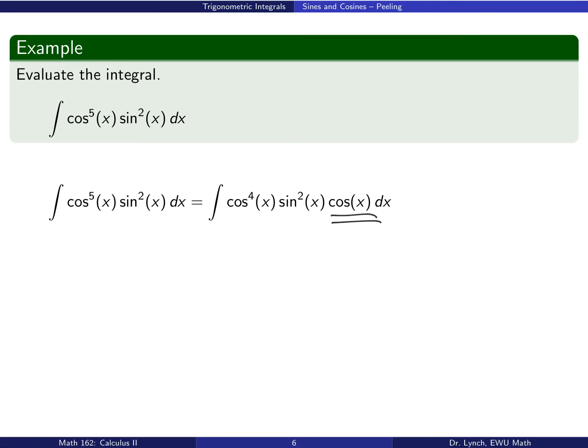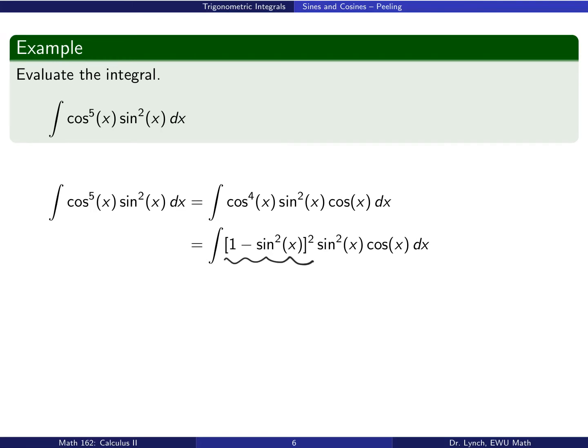That suggests changing this cosine to the 4th into sines using the mother of all trig identities. So this term here is exactly cosine squared squared as 1 minus sine squared, quantity squared, of course, times sine squared, times cosine of x dx.